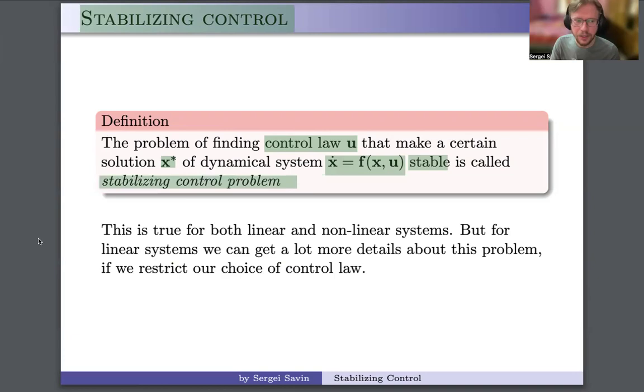So again, the problem is to find such U that the system becomes stable, right? We're saying here a solution of a system because for nonlinear systems, it will be a particular solution that is stabilized. But for linear systems, either a linear system is stable everywhere or it is not stable anywhere.